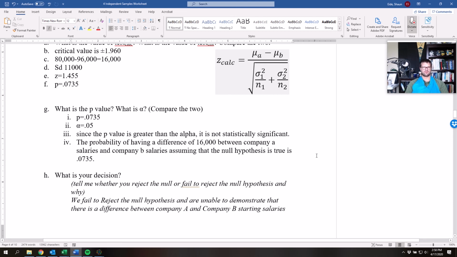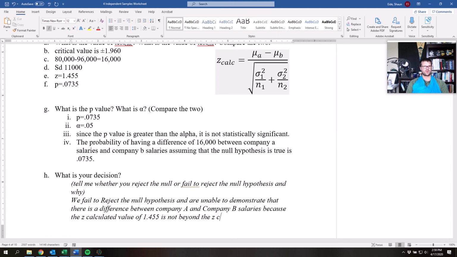Because the z calculated value of 1.455 is not beyond the z critical values.